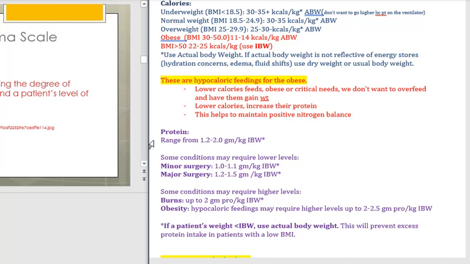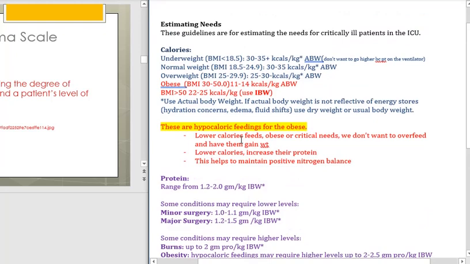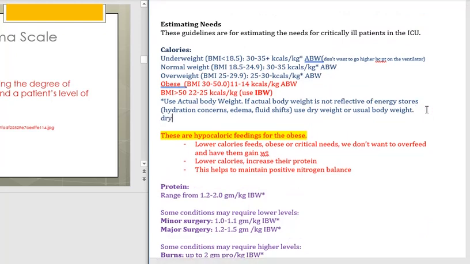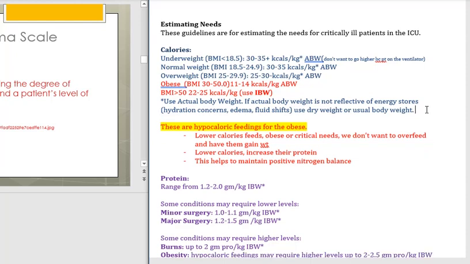If you don't have dry weight or actual, you would then revert to usual before doing ideal, if you had a good usual body weight. That makes sense, because some people may have never been at ideal body weight. Yes, drastically different.